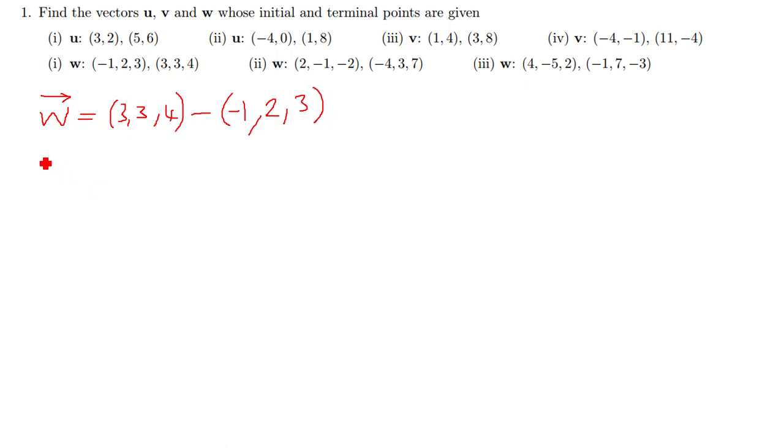So w is equal to, you subtract this and change the types of brackets: 3 minus -1 gives 4, 3 minus 2 gives 1, and 4 minus 3 gives another 1. So this is the solution for w, the vector w that we were asked to find.